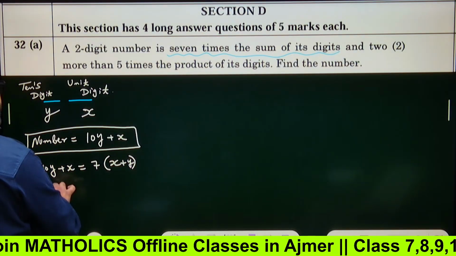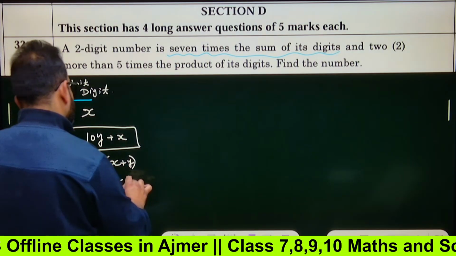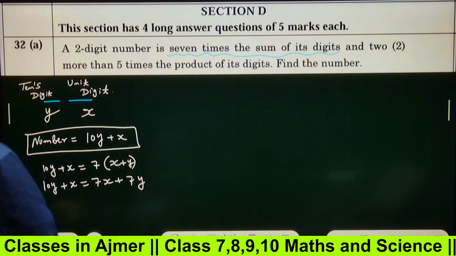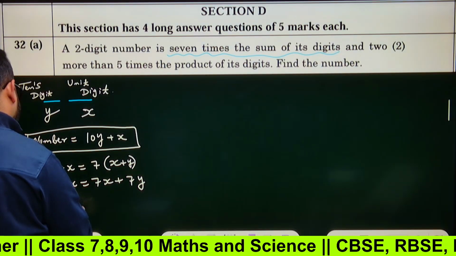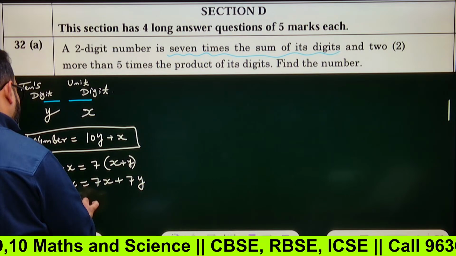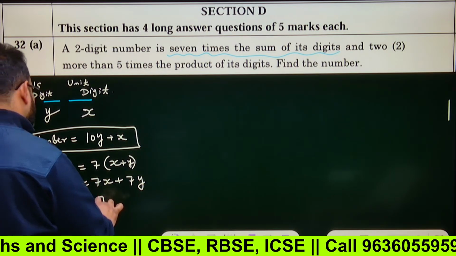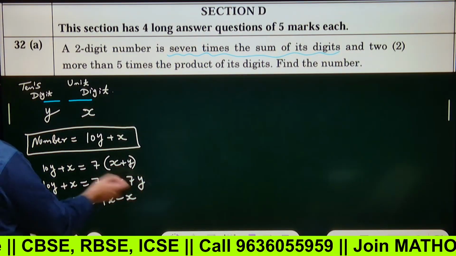Now if you open the brackets, 10y plus x equals 7x plus 7y. So keep y here and x there. So 10y minus 7y is equal to 7x minus x. This x went there, this y came here.